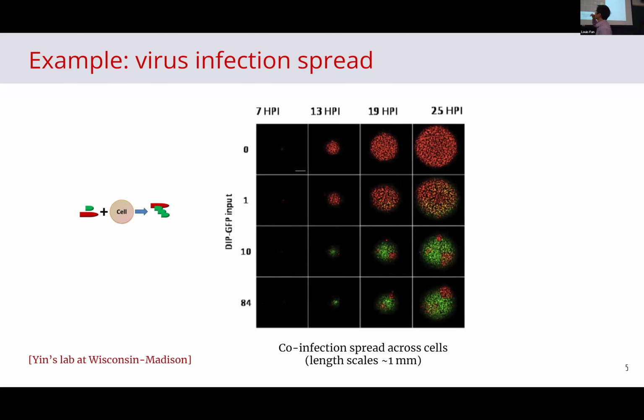Now, both the wild-type virus and its mutant will produce progeny, and then we see different spatial patterns. The third row and the fourth row have a higher initial dose of the mutant virus, the green shorter bullet virus. The details are not important here for now. And by the way, the spatial scale here is 1/2 centimeter by 1/2 centimeter, about.